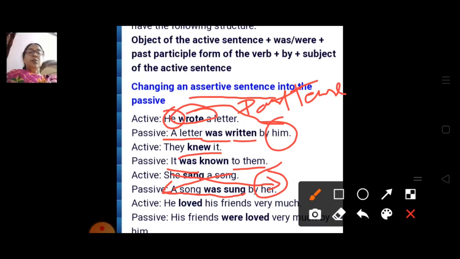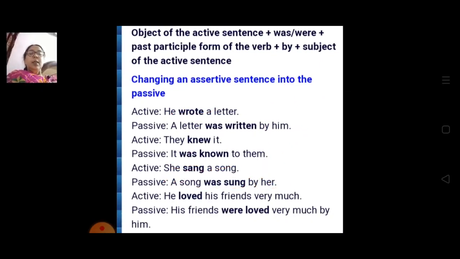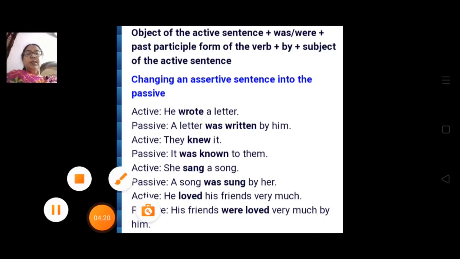Now we are moving to the next example. He loved his friends very much. In passive form, his friends were loved very much by him.